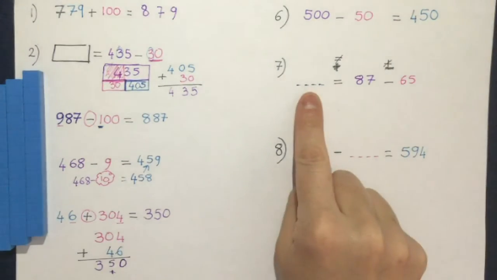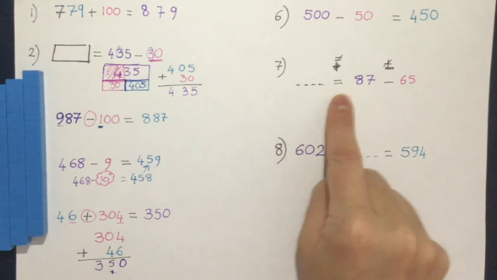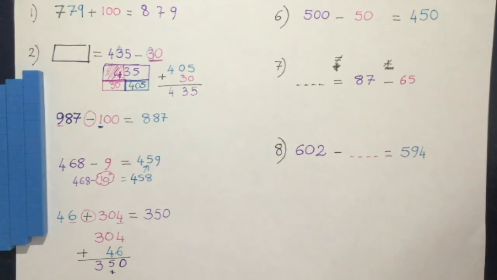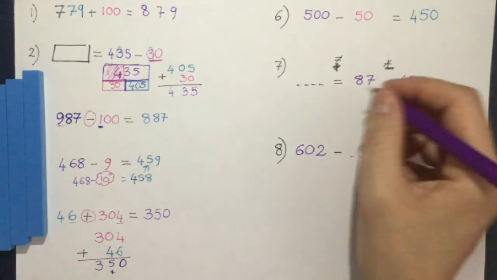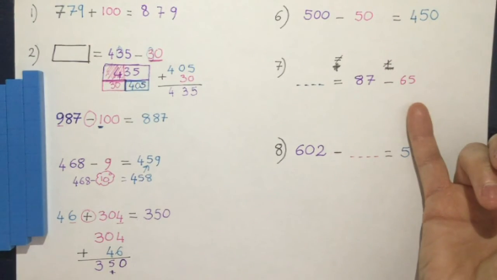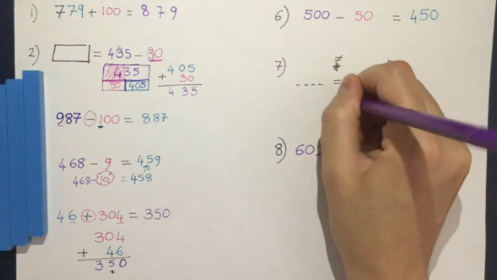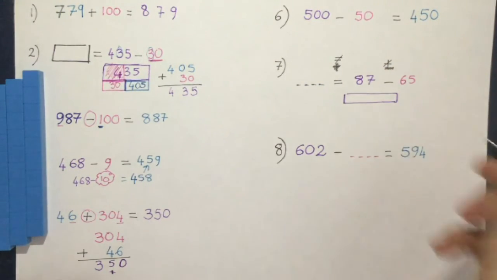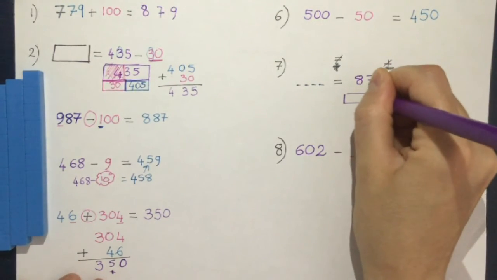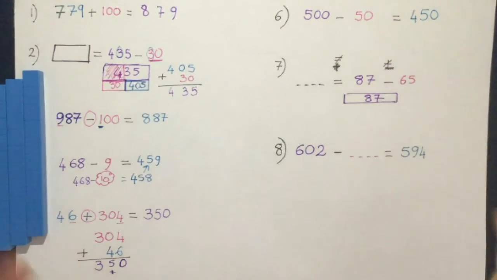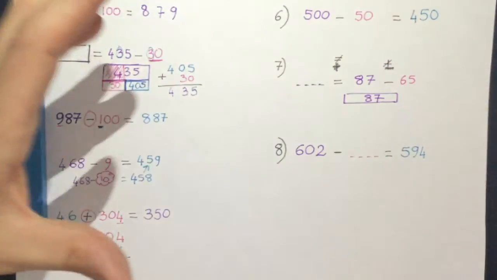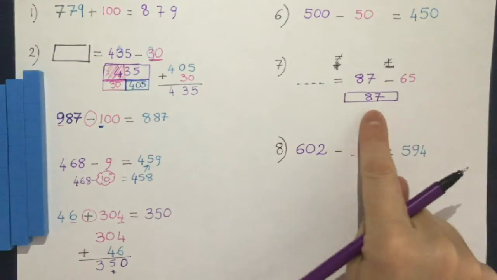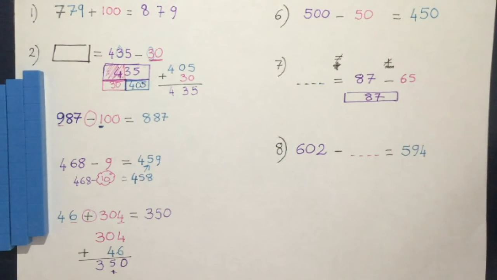Now here I have something equals 87 take away 65. Right, so when I have the subtractions, I know that I can use a bar model just to visualize it, to see what we are talking about. My total, my big number, my minuend, the number that will become smaller, is 87.